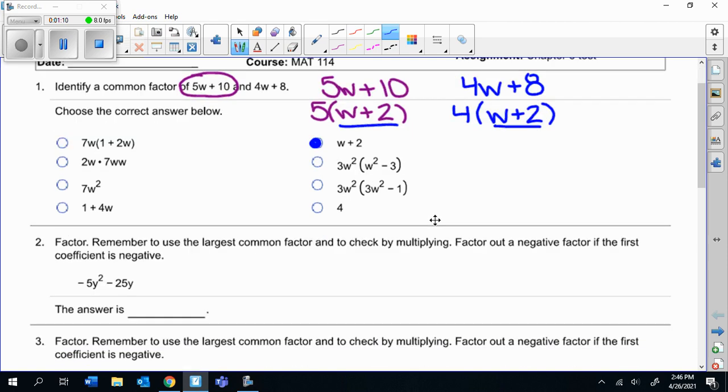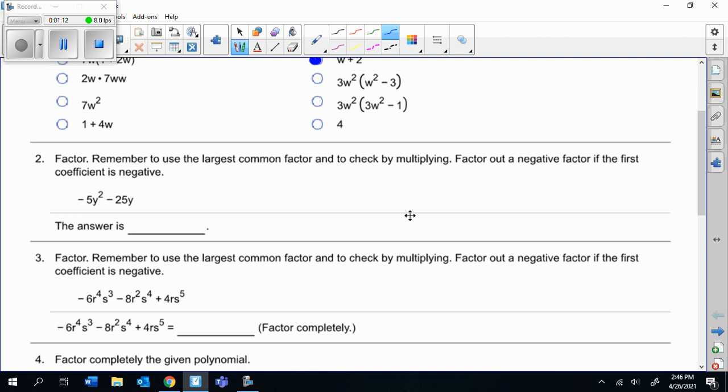All right. Number 2. Factor, remember to use the largest common factor and to check by multiplying. Factor out a negative factor if the first coefficient is negative. So that is the case here. So between 5 and 25, I can factor out a 5, but I'm going to make it negative.